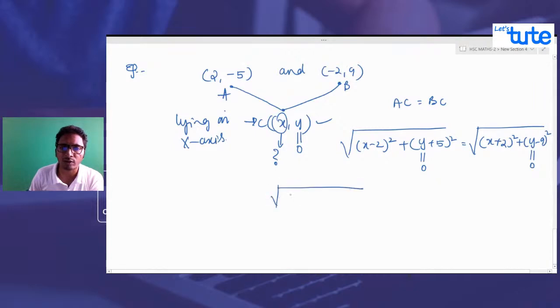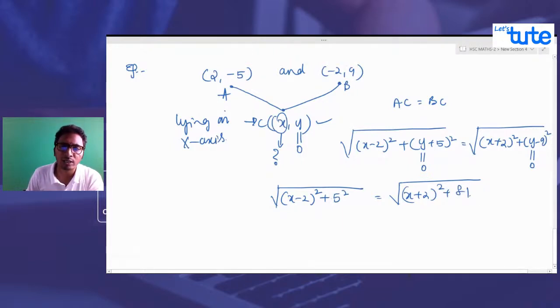Square root of x minus 2 the whole square plus 0 plus 5 is 5, it's 5 squared. And on right hand side, x plus 2 the whole square plus y is 0, 0 minus 9, it's minus 9, minus 10 squared, that would be 81. Fine. So this is what we have got till now.